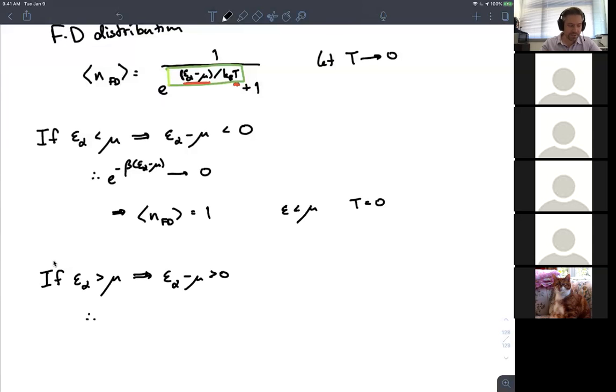And so as the temperature goes to 0, again, the exponent starts getting very, very big. So this thing here starts getting huge, and it gets much, much larger than 1, so you can essentially neglect the 1.